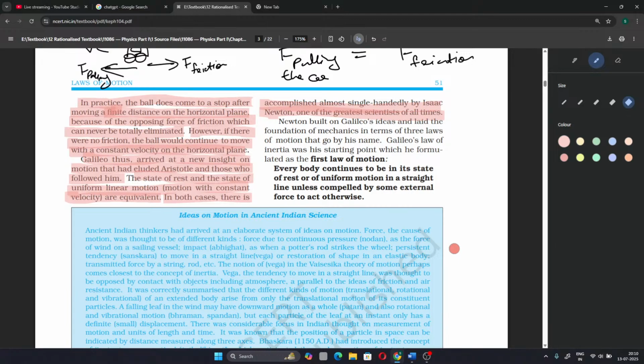The state of rest and the state of uniform linear motion are equivalent. When the body is at rest, the total force on the body is zero. When the body is moving in uniform linear motion, the net force on the body is also zero. That is what they are saying here.